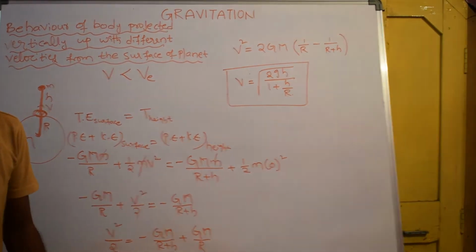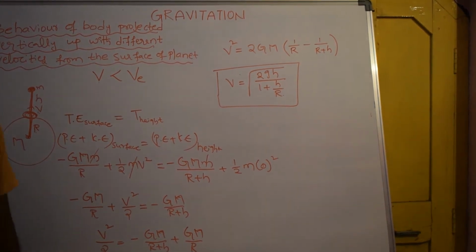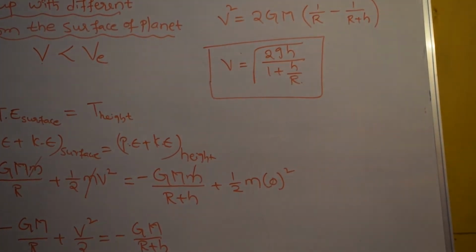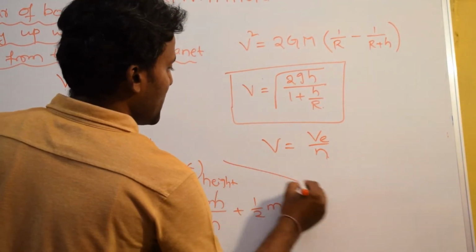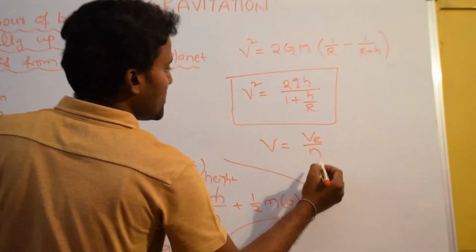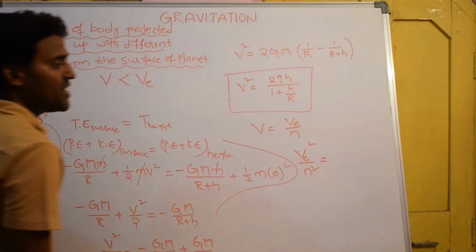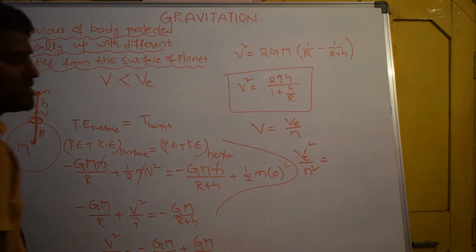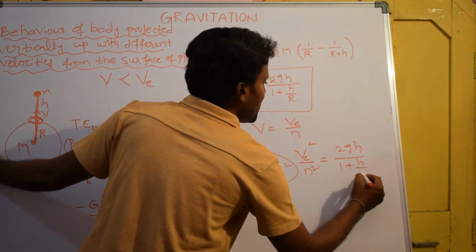For example, if the velocity v is 1 by nth of the escape velocity, at that moment how can we write this one? Squaring, v square divided by n square is equal to 2gh divided by 1 plus h by r.